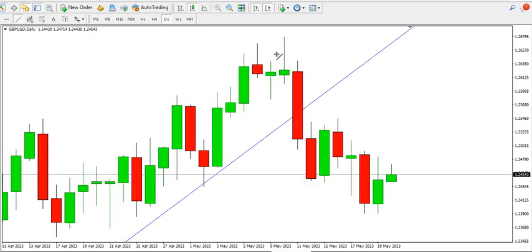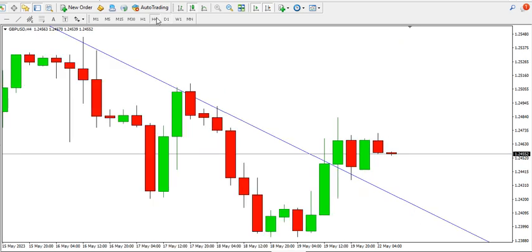Price is retracing, and this descending trend line is being respected. Look at the shadow around here, and look at how price rose up for today, but it's dropping. So we might possibly see a bearish continuation pattern.